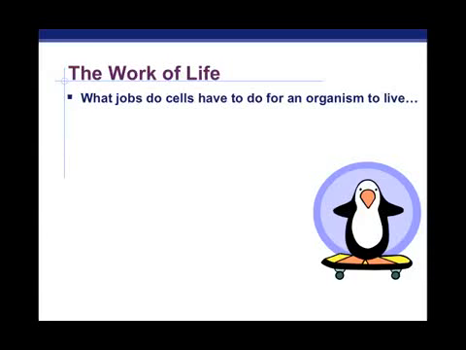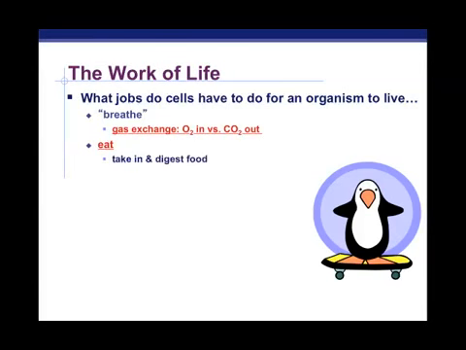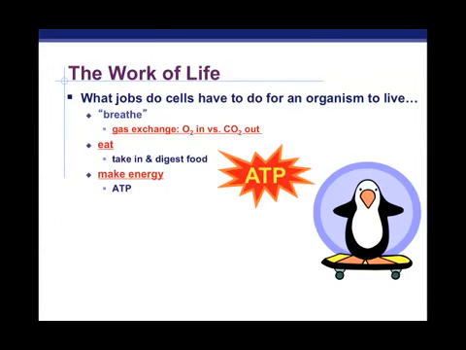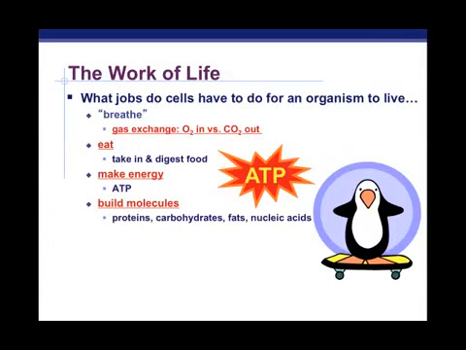So what are some of the jobs? They breathe. If they don't get oxygen, they can't do their jobs. They need nutrition. And by getting oxygen and nutrition, they have energy. And with this, they can build proteins, carbohydrates, fats, and nucleic acids, as we looked at in Chapter 3.